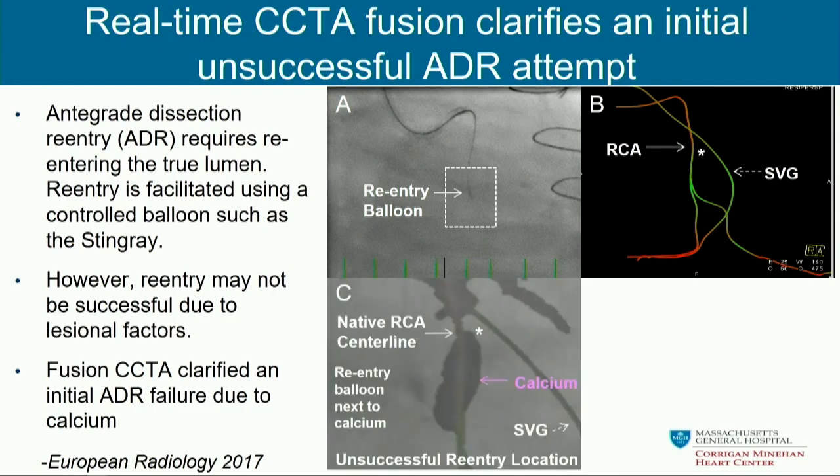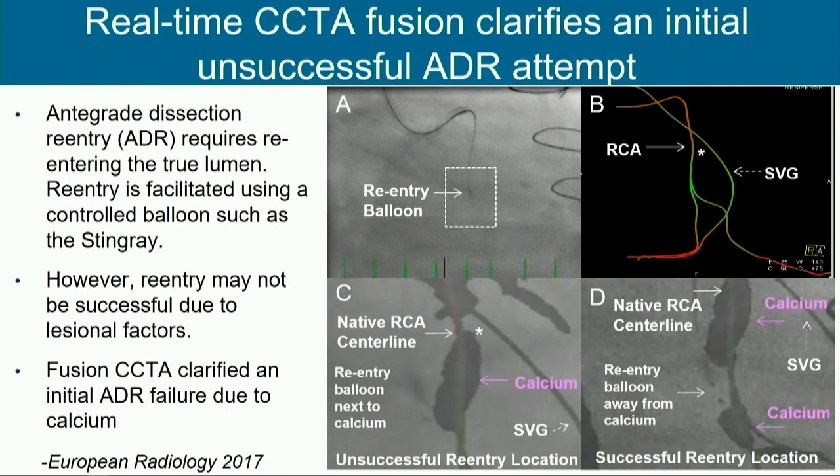When we had tried a Stingray re-entry over a block of calcium, we had not been able to re-enter. We hadn't realized we were over a piece of calcium until we looked at the CT, which clearly shows this very nice blooming artifact. In fact, when we went to a successful site, we were in between two pieces of calcium. This raises the potential to intentionally guide our Stingray balloons and re-entry devices into non-calcified zones. This might be one application.